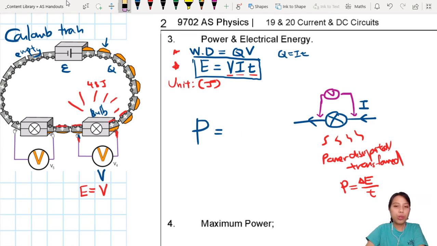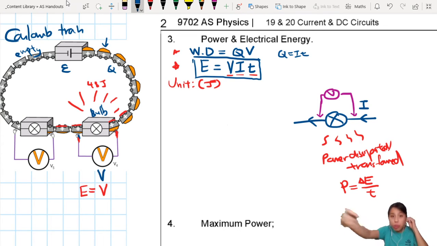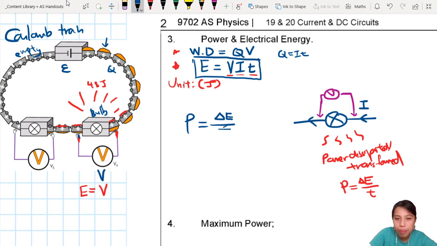Well, let's go through step by step. I'm going to show you where it comes from, because you'll be using it so much. Okay, so power is a change in energy over time. Electricity becomes light. Okay, change in energy. Change in energy, we have just looked at it up here. This work done is change in energy.